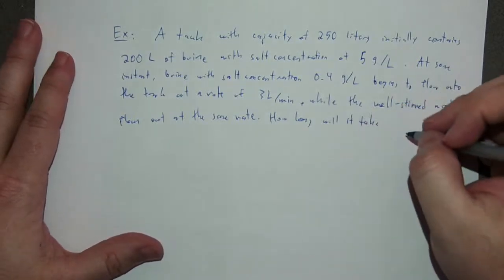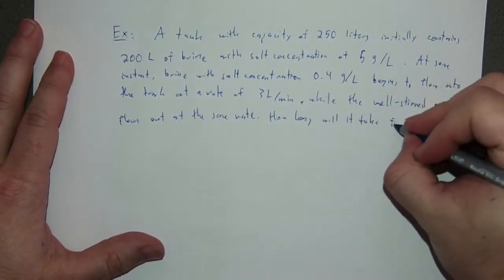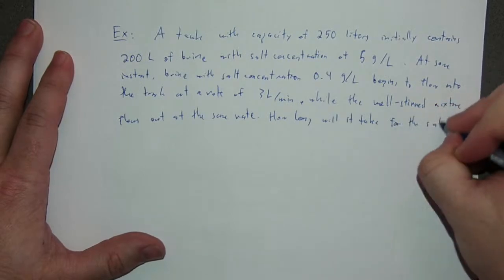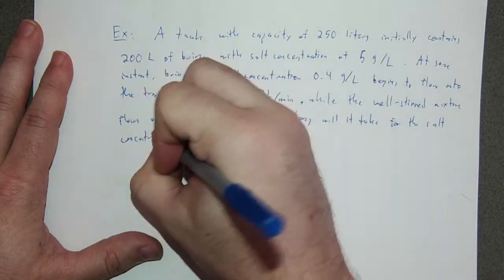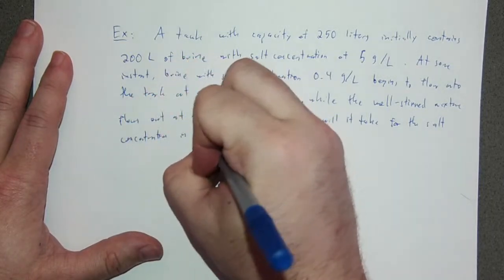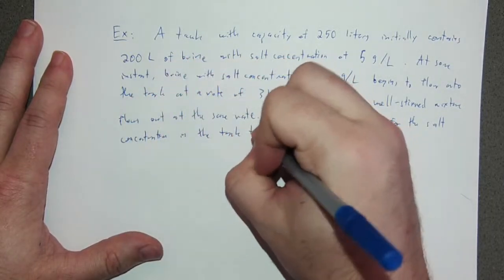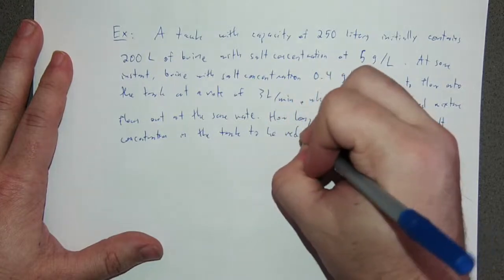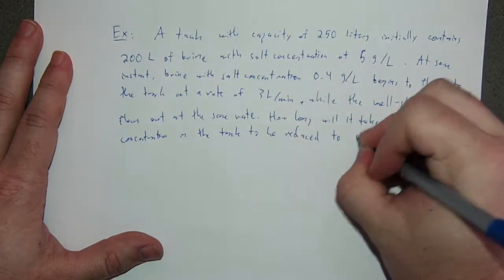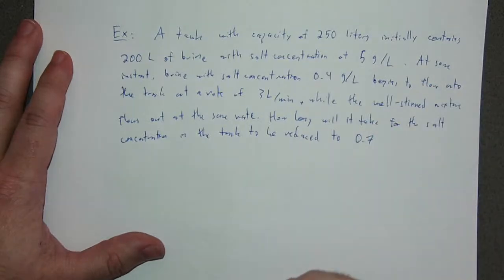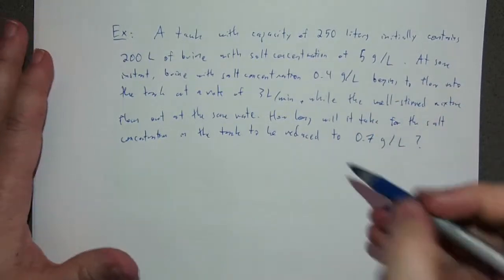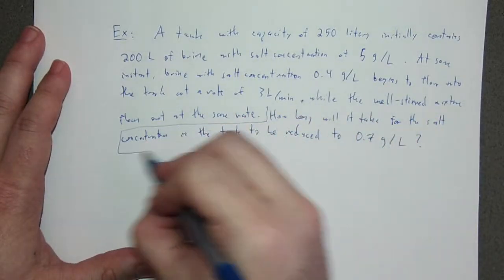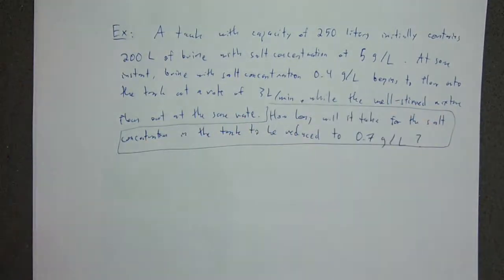So how long will it take for the salt concentration in the tank to be reduced to 0.7 grams per liter? So there's the actual question, right? Everything else is set up for that.